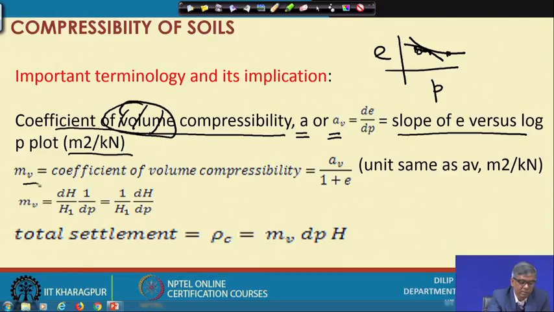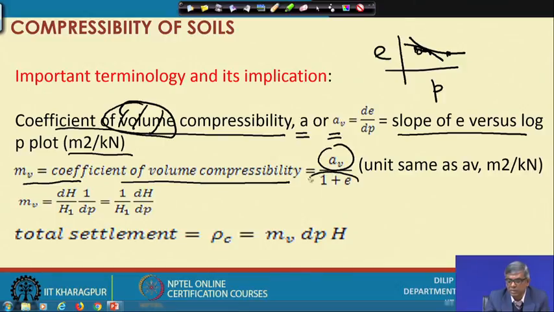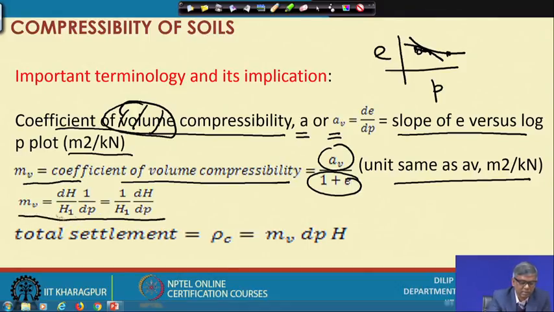And another term we have defined is mv, the coefficient of volume compressibility, which is nothing but a v by 1 plus e. That means the unit will not change, only the coefficient of compressibility is divided by the original volume. So, then it becomes the coefficient of volume compressibility. The unit will be the same, meter square per kilonewton. mv can be expressed in different ways: a v by 1 plus e, and also dH by H1 by dp, the change of volume over unit pressure.